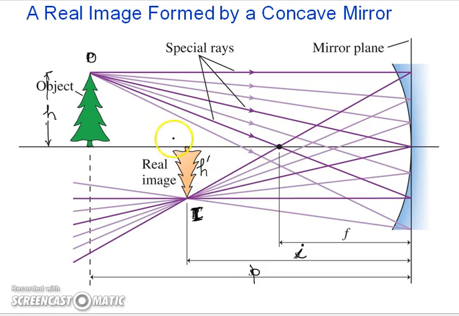That's one special ray. Another special ray is this one shown here: when incident at the center of the mirror, it reflects back obeying the second law of reflection, so the angle of incidence must be equal to the angle of reflection. And the third ray, which passes through the focal point, after reflection will be parallel to the optic axis.